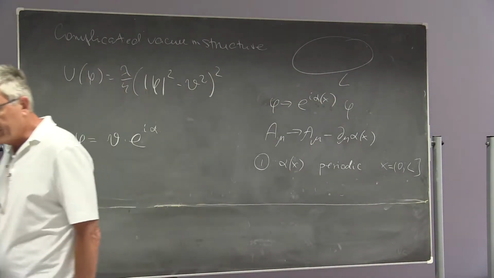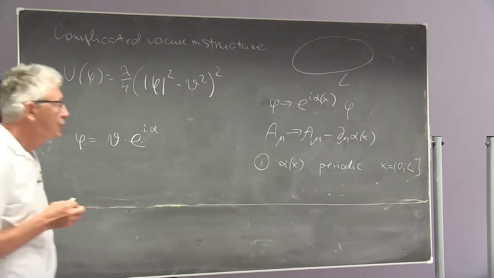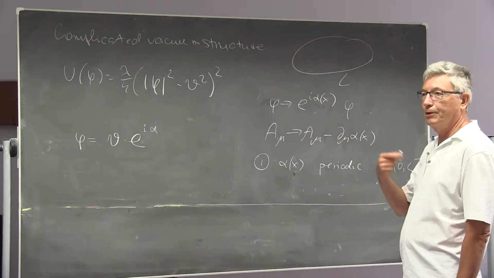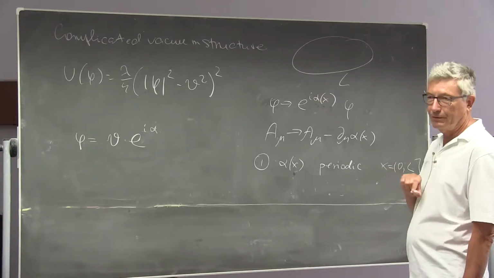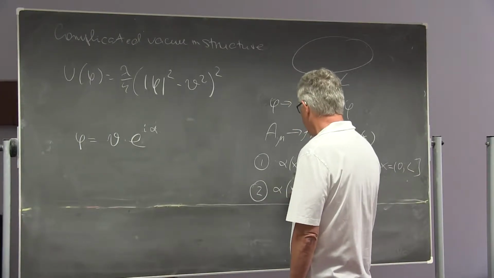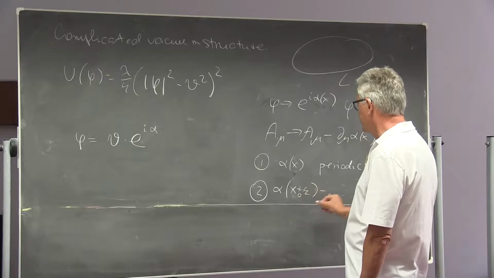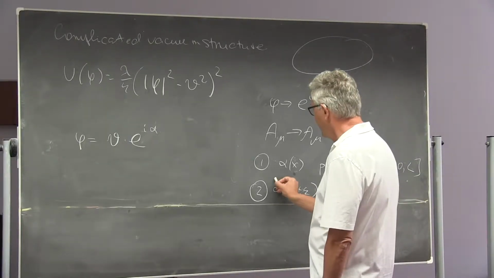In fact, there are also other gauge transformations which are completely admissible, in which these functions alpha of x are not periodic, but they have 2 pi n jumps at one particular point. So alpha of x0 plus epsilon minus alpha of x0 minus epsilon.